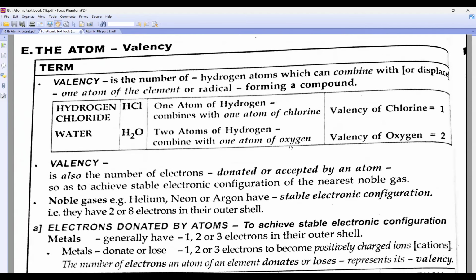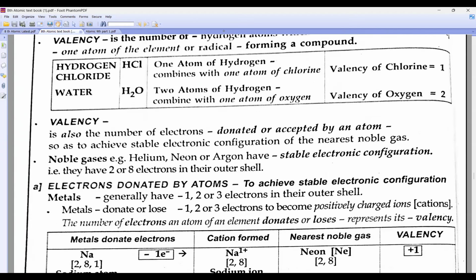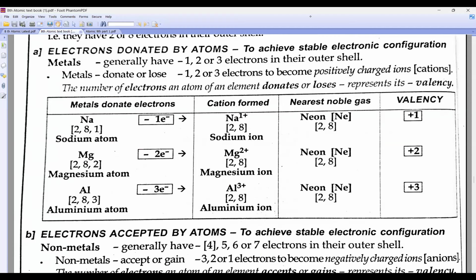Okay, so valency we did: it is the number of electrons donated or accepted by an atom to achieve the stable electronic configuration of the nearest noble gas. Now, who is the nearest noble gas to sodium? Neon.